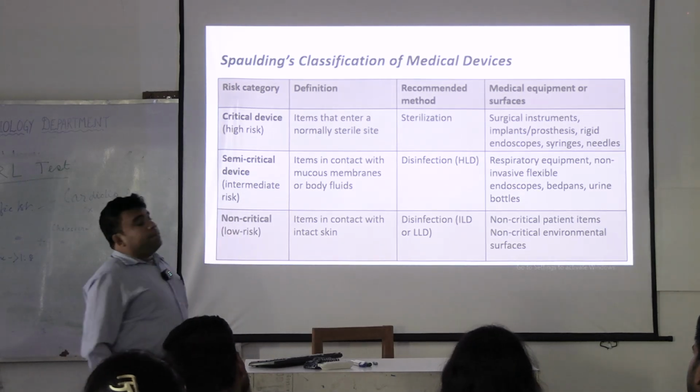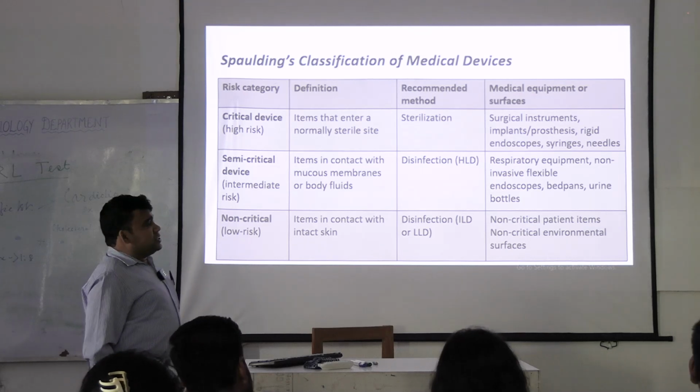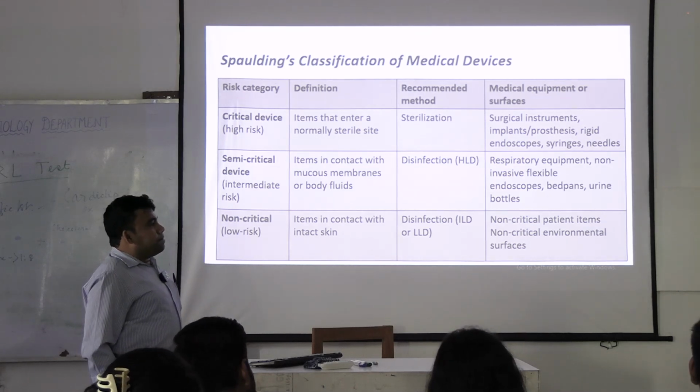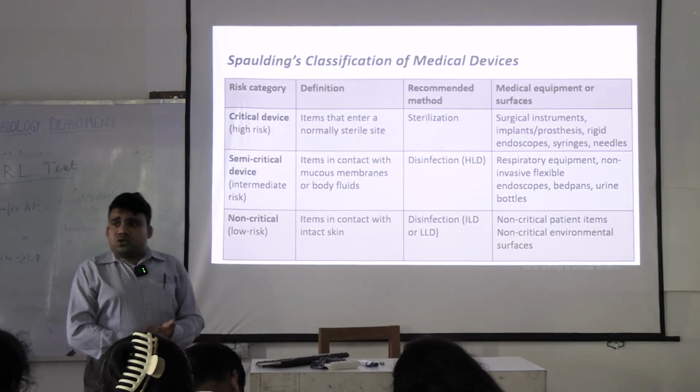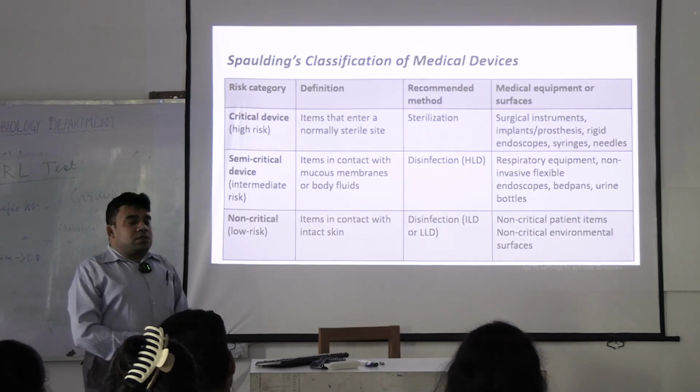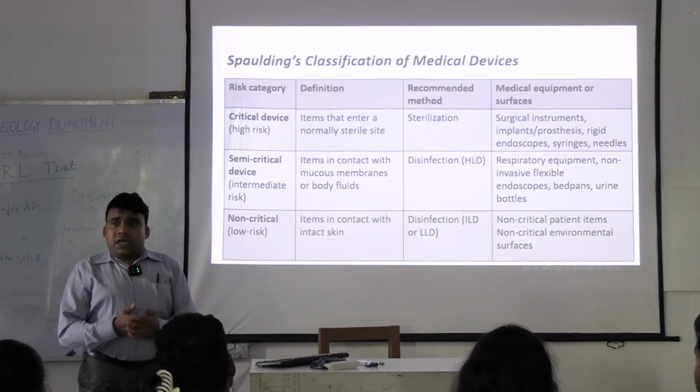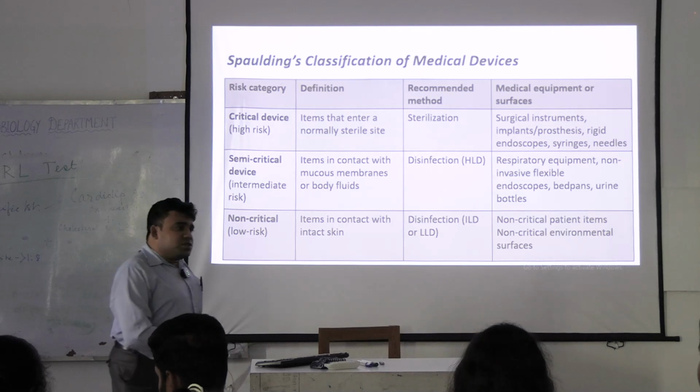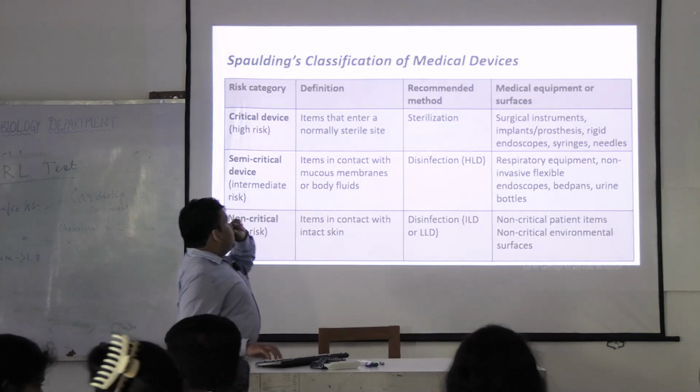Based on that, Spaulding has classified all those devices based on the type, when and where they are used, and the type of sterilization or disinfection we need to use. Now let us look at the devices.